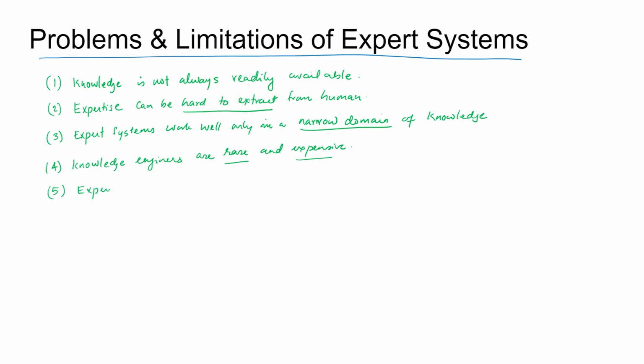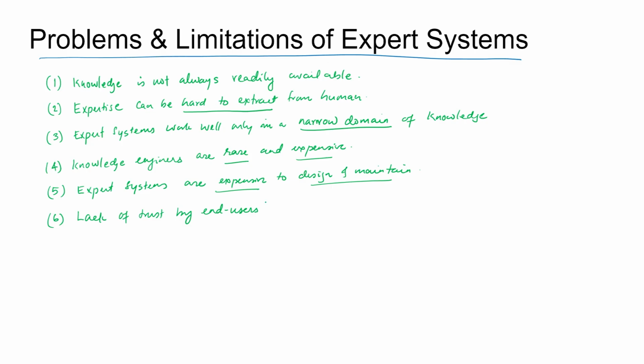Expert systems are expensive to design and maintain. So, they are expensive to design and maintain. Okay. Then the sixth point is lack of trust by end users. Okay. So, what does that mean? Lack of trust by end users.